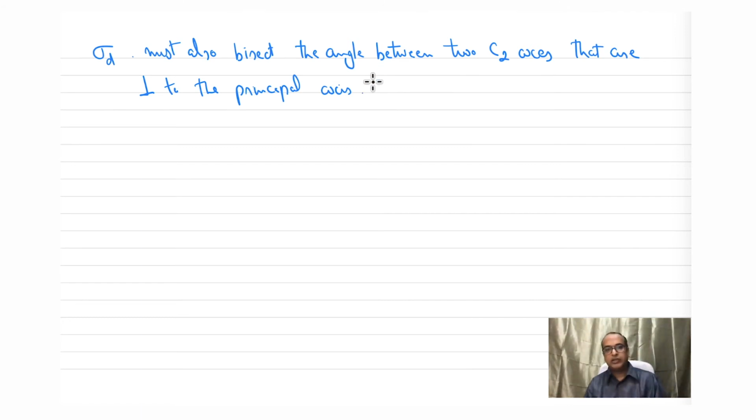If it fulfills these two conditions, that it must lie along the principal axis and it must bisect the angle between the two C2 axes that are perpendicular to the principal axis, then it is called sigma d or a dihedral plane. However, you will encounter certain cases where it is difficult to judge whether it is a sigma v or sigma d.